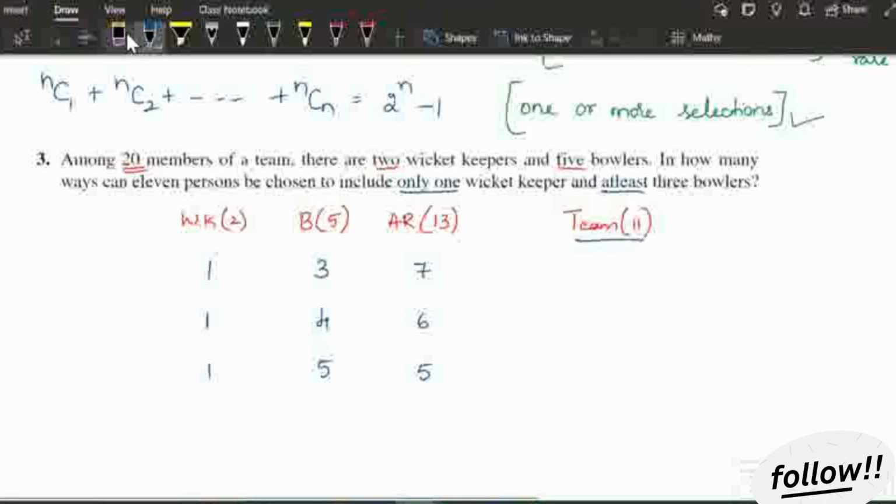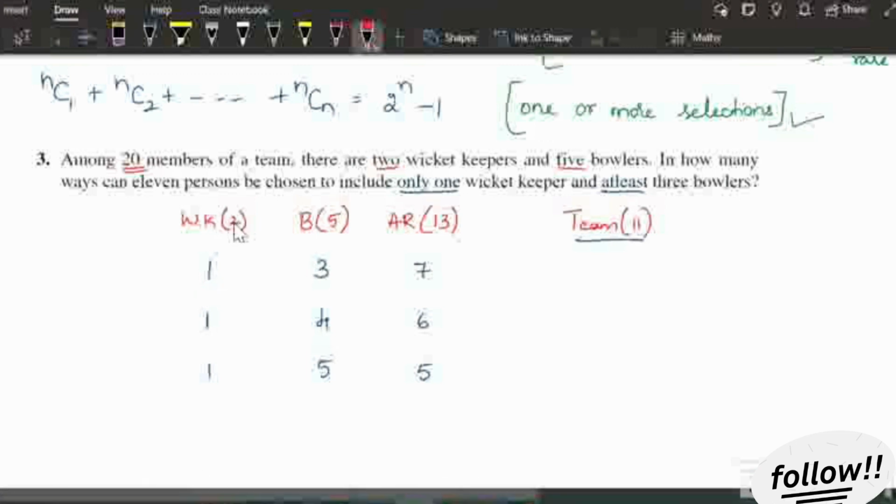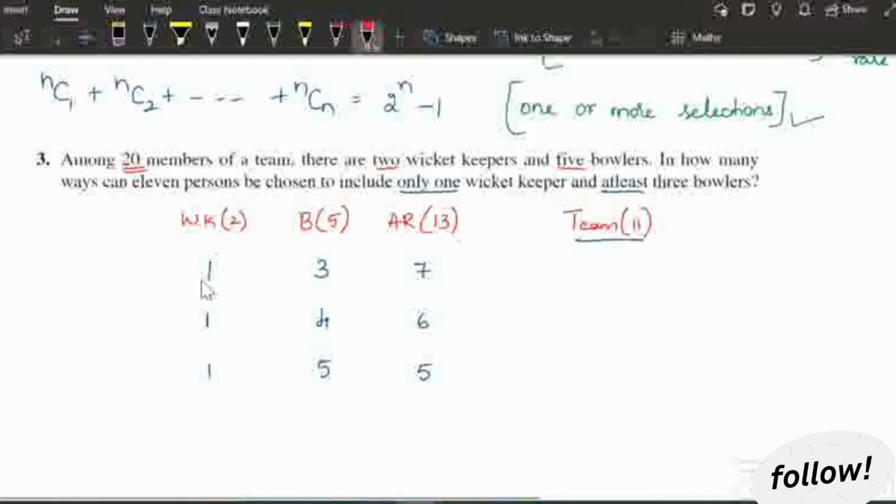Okay. Now we will write in how many ways you can do this combination. Out of 2 people, you need to choose 1 person, which is 2C1. Into, out of 5 bowlers, you need to choose 3 people. So 5C3 into, out of 13 people, you need to choose 7 people, which is 13C7. Find out the answer for this.